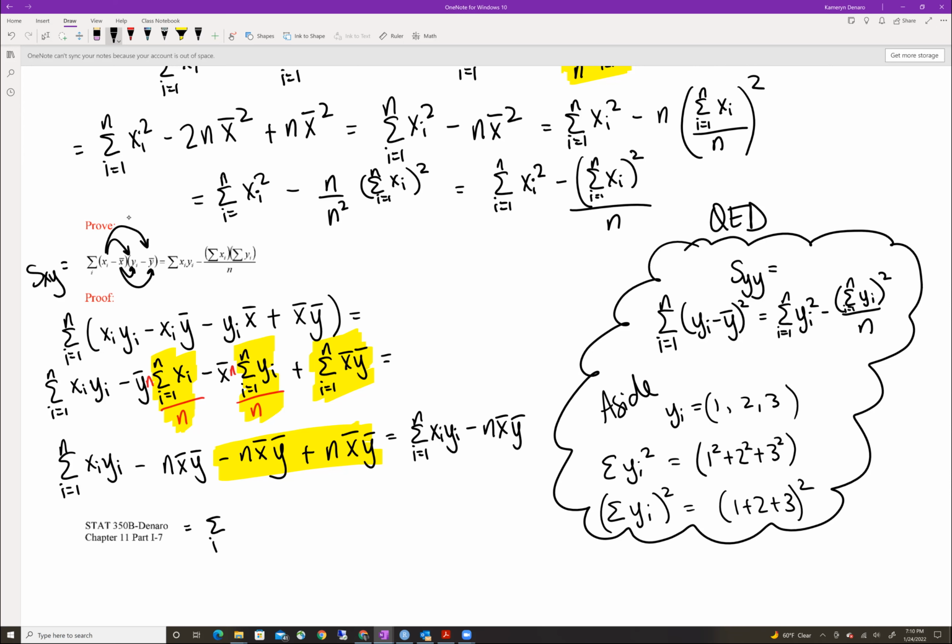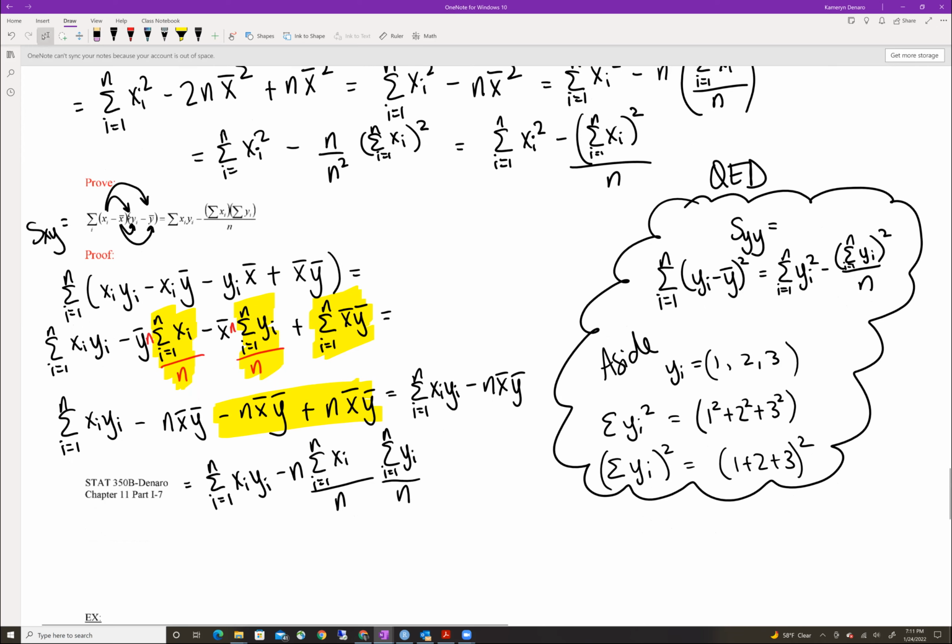Then we can transfer back using the definition of the mean by doing minus n times the summation i equals 1 to n of xi over n times the summation of yi, i equals 1 to n, over n. And now we are so close.